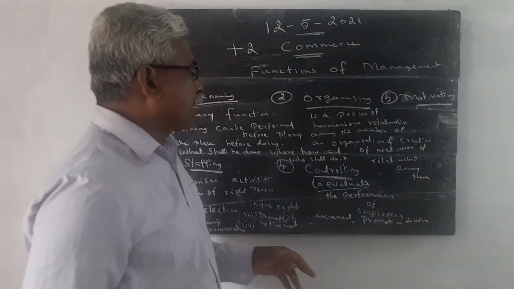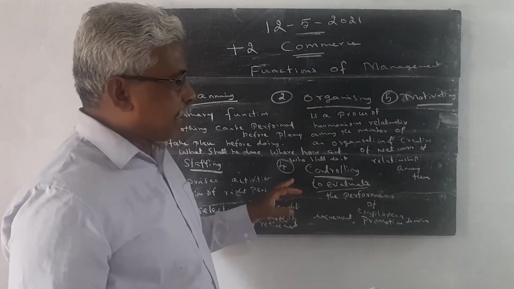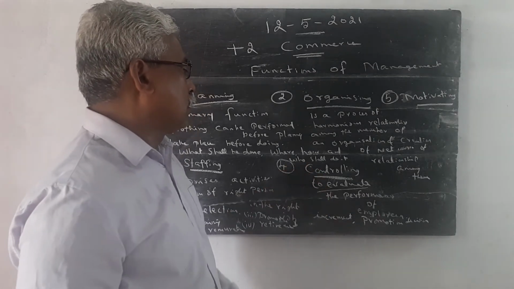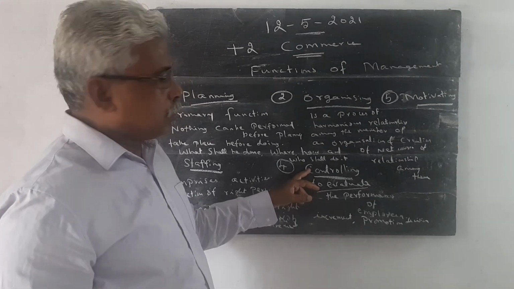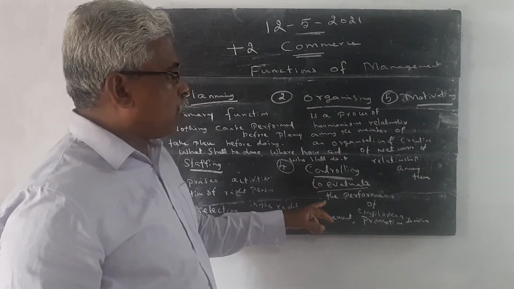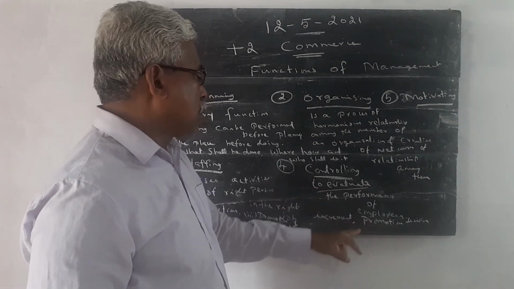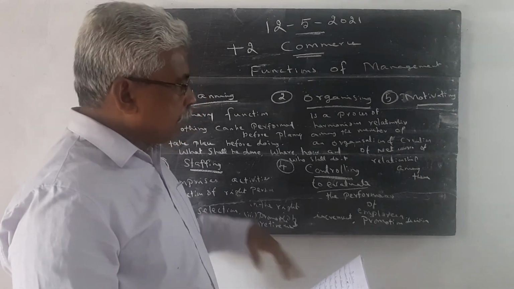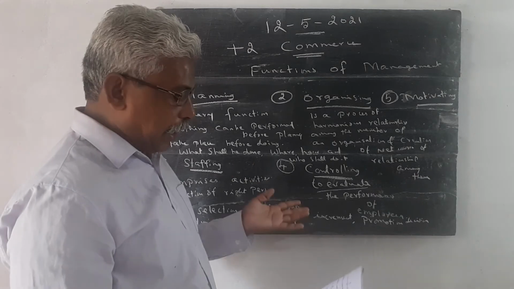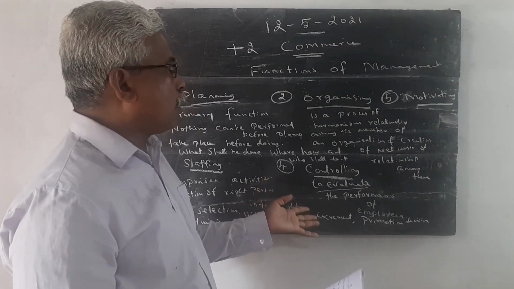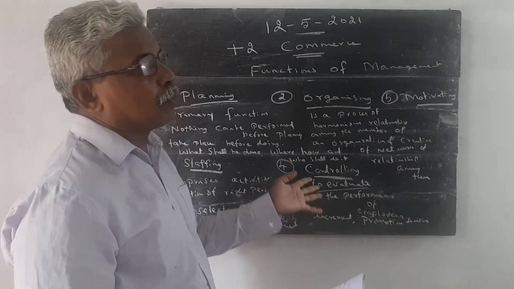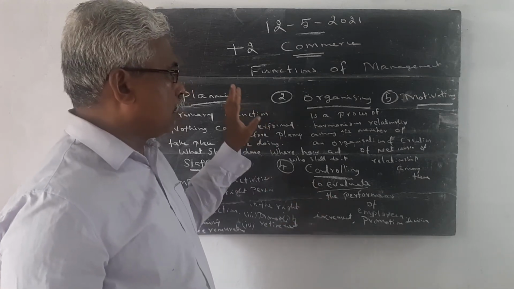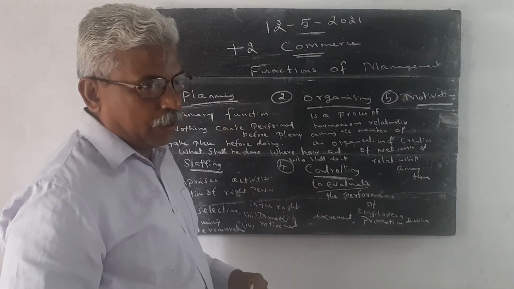This function helps in identifying the underperformers and giving proper training. So it identifies the underperformers and arranges proper training for those who are not properly doing their work. This is called controlling. Once again, I am going to explain the term controlling.